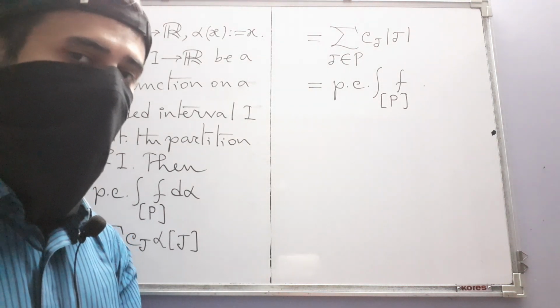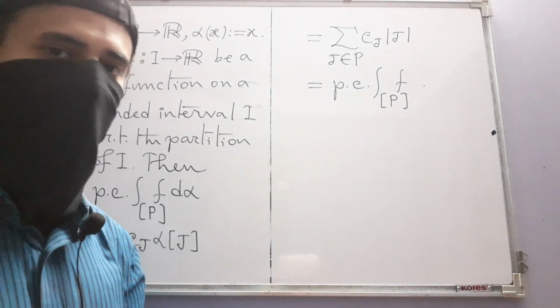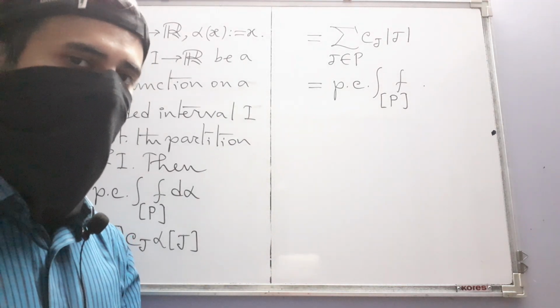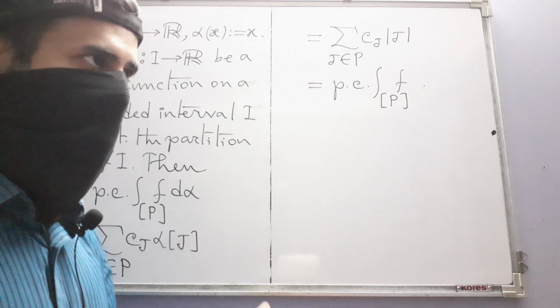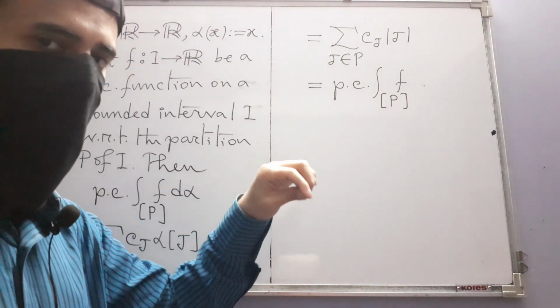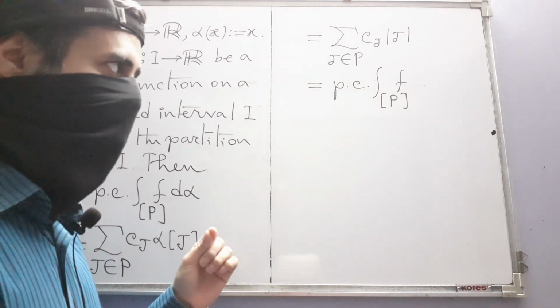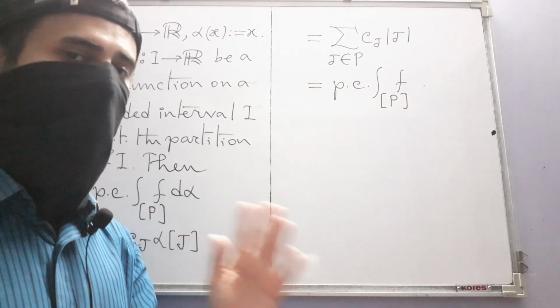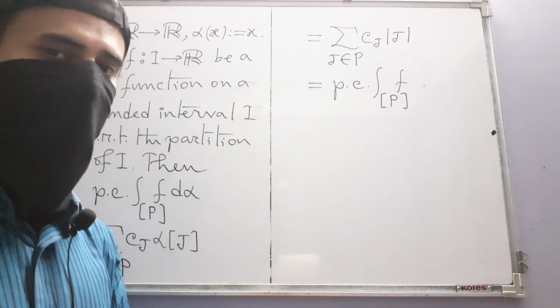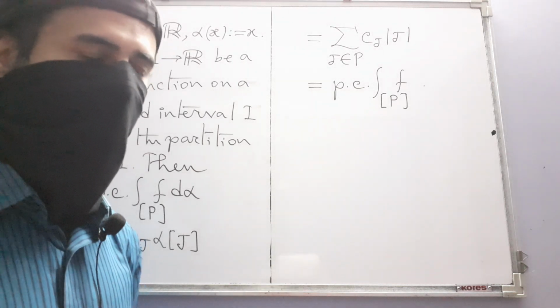You take another partition, and for that partition you calculate this similar integral, you get another value. They are actually the same. In other words, the PC integral, although it depends on the partition that you choose to calculate it, the choice of partition does not have any effect on the integral value itself.